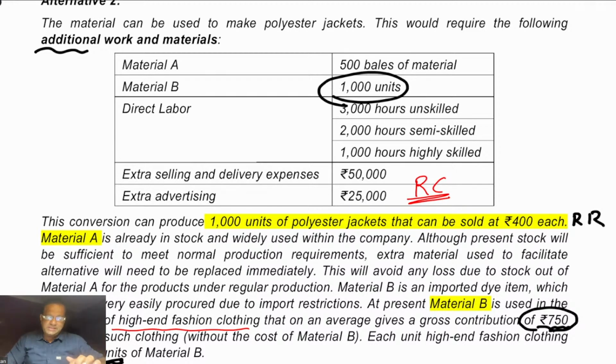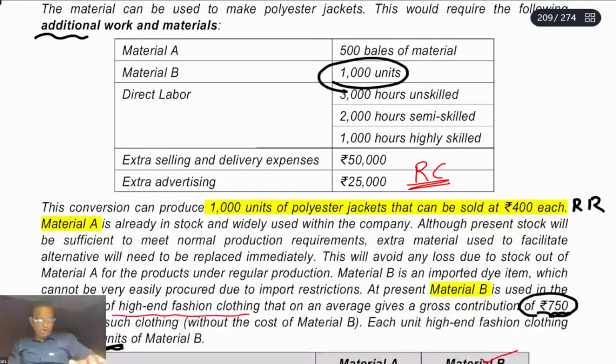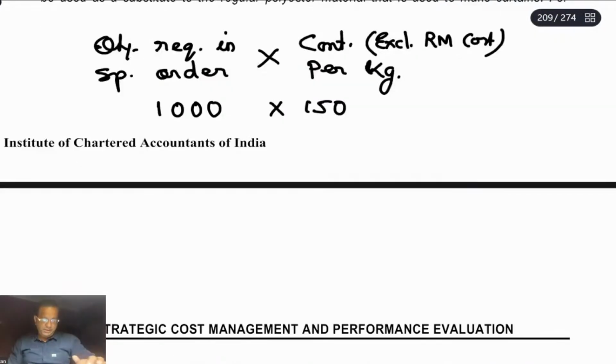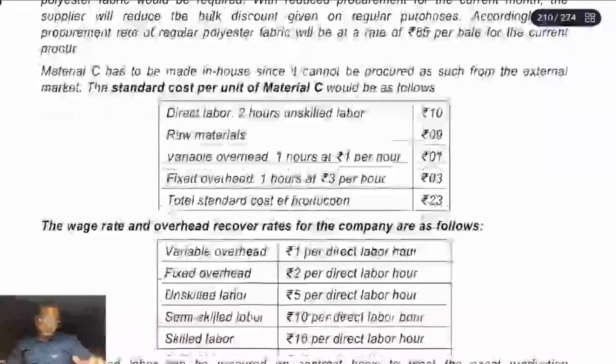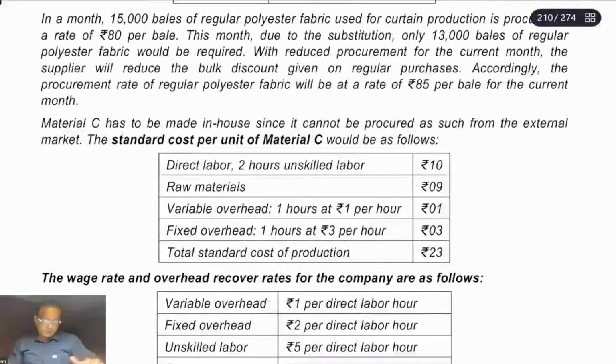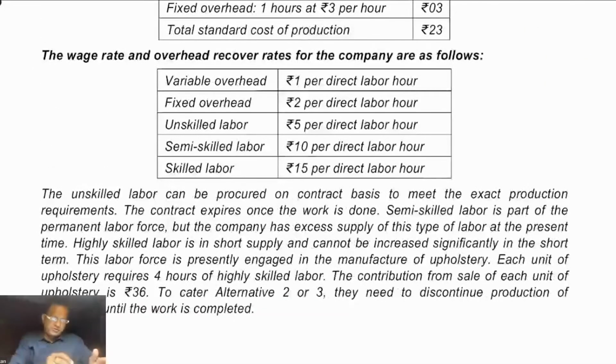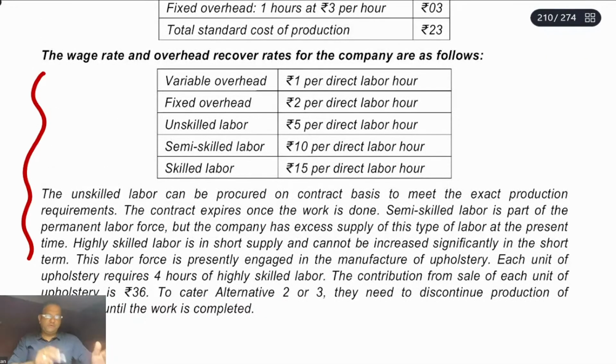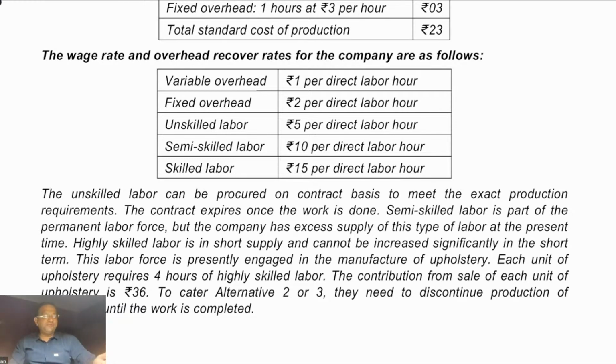Now, regarding the direct labor, we require 3 categories of labor: skilled, semi-skilled and unskilled. And the common information is given in the last, where the information of labor is given, whether the unskilled hours, skilled hours and highly skilled hours are in our availability or not.